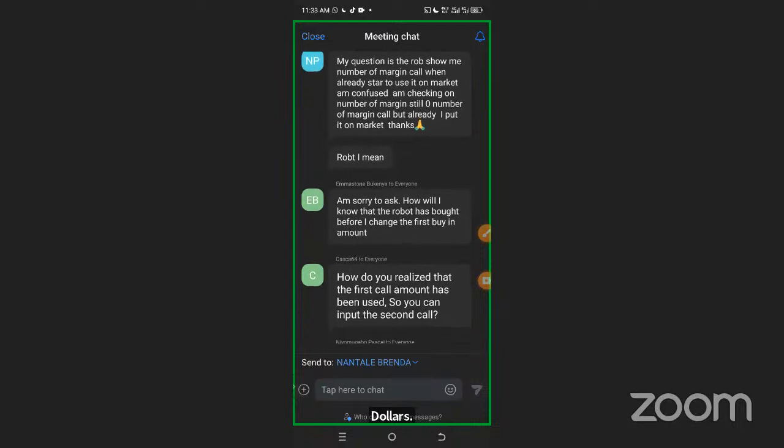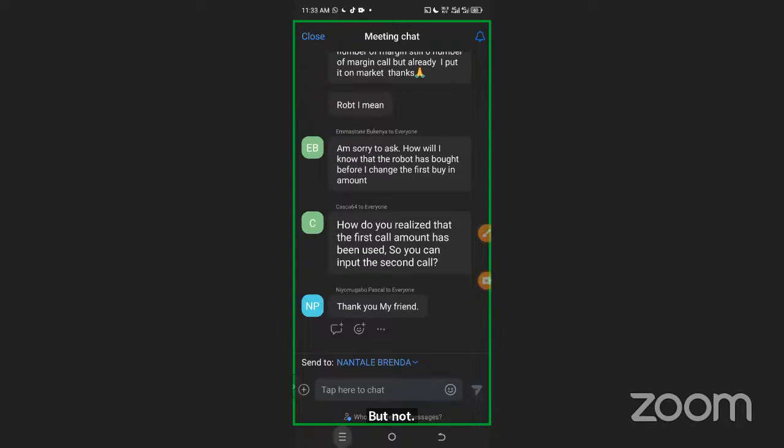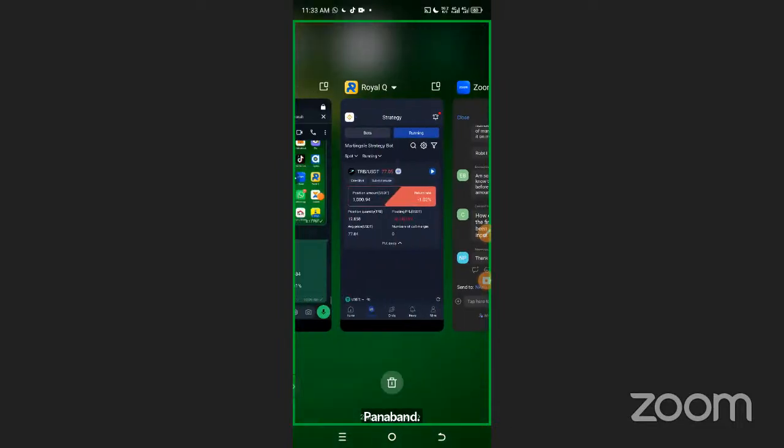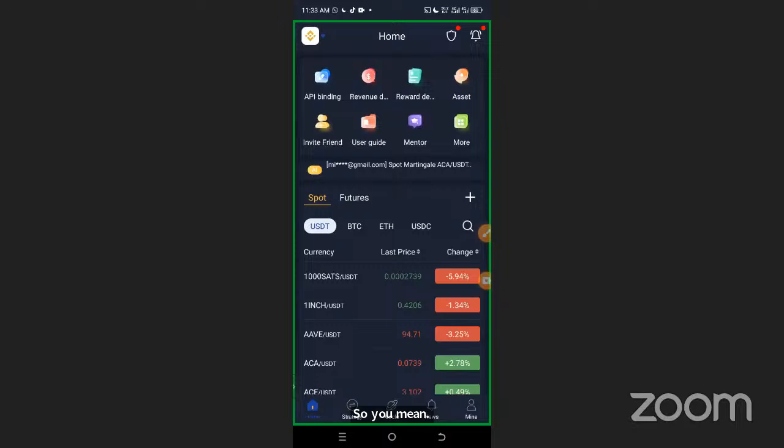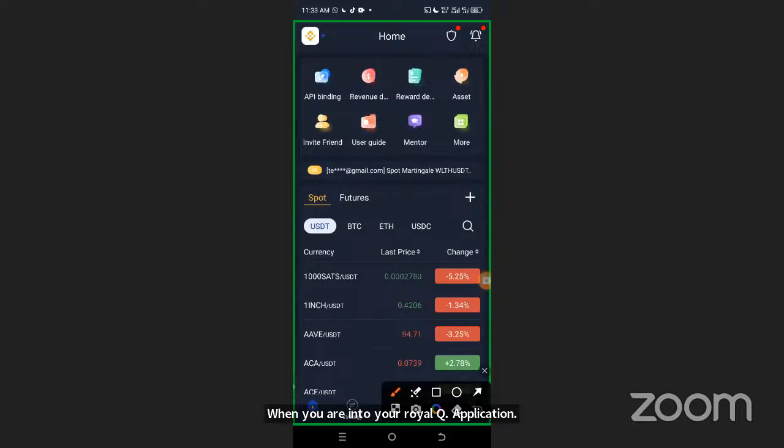I'm sorry to ask, how will I know that the robot has bought before I change? So you mean when you are in your Royal Queue application, you don't know where you see your notifications that the robot has bought?